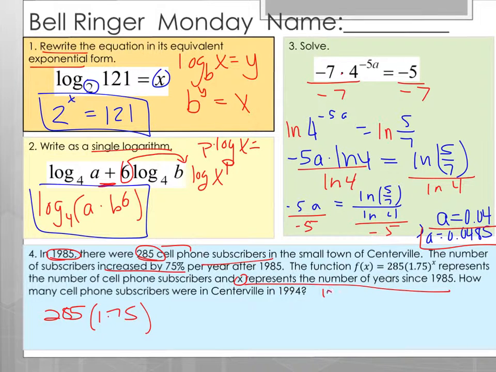So that's just a quick subtraction problem. So I'm going to do 1994 minus 1985, and I get 9 for my years. So that's what we're going to plug in for x.